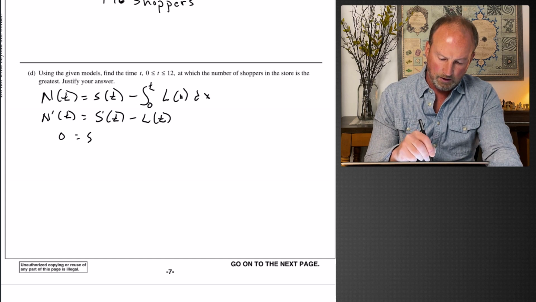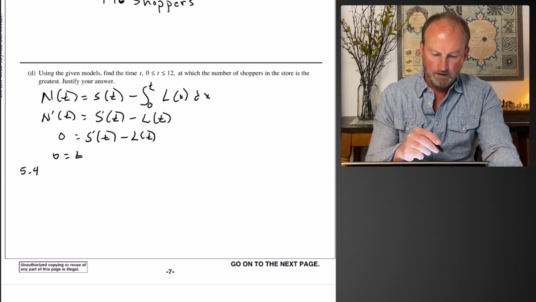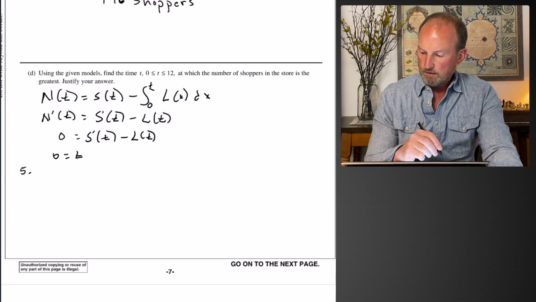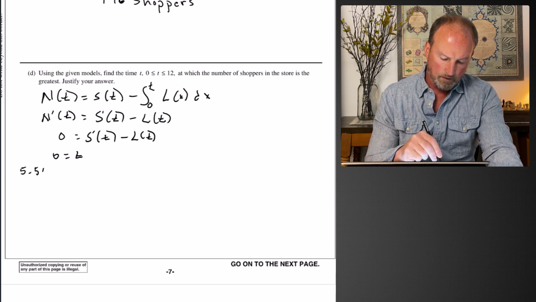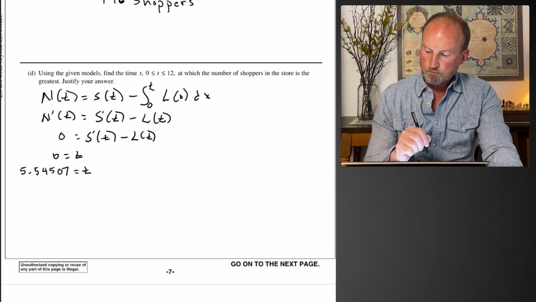So this is going to be s prime of t minus L of t, and the answer is 0 equals t, and 5.54507, etc. 12.98 doesn't matter.